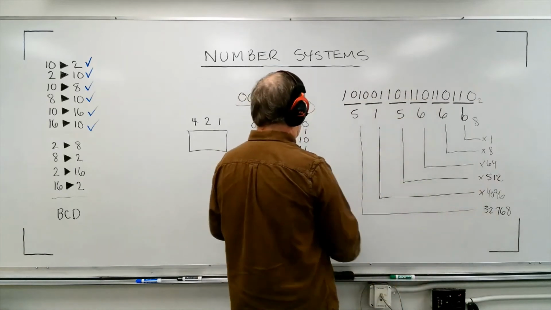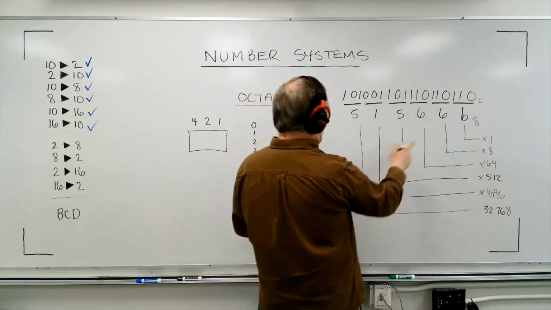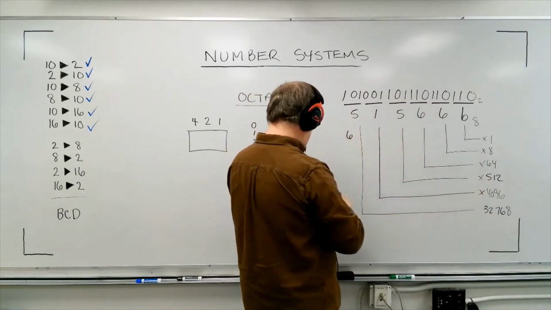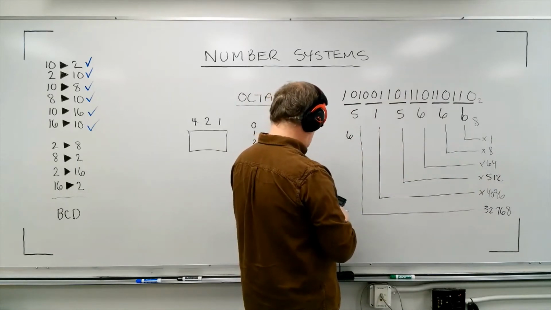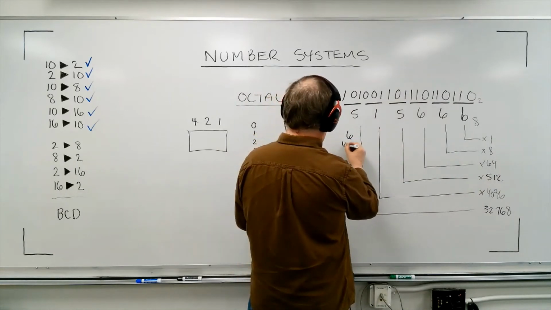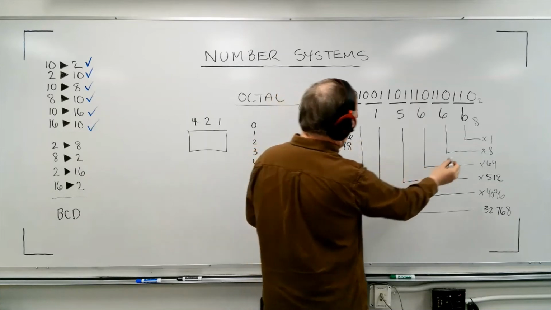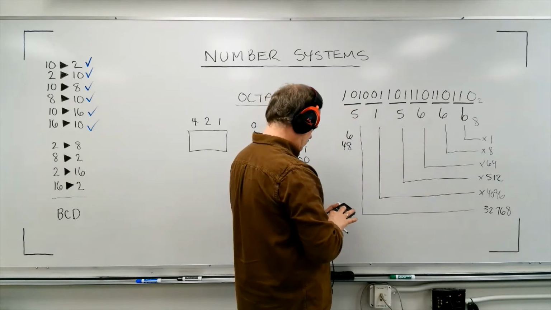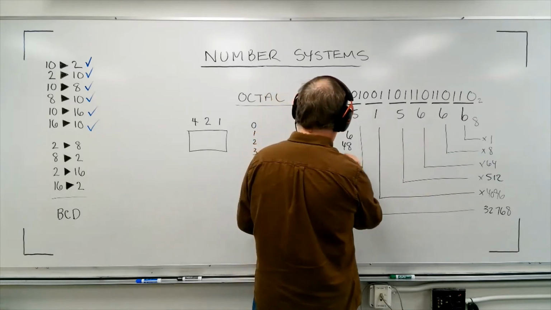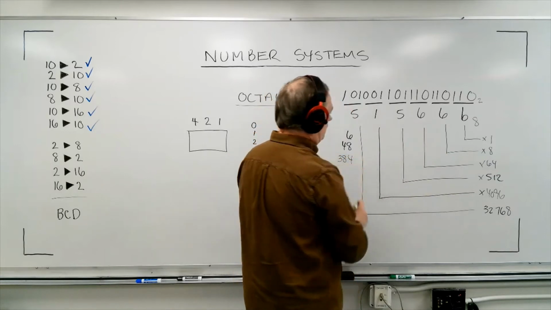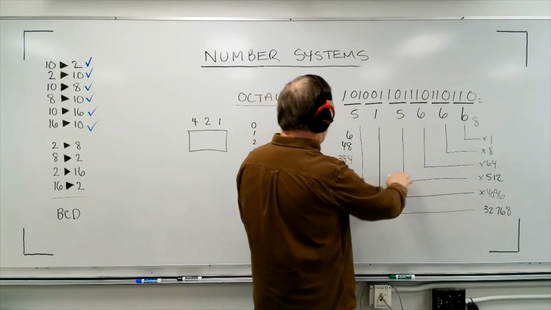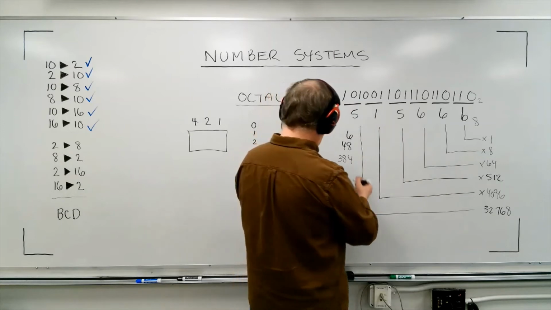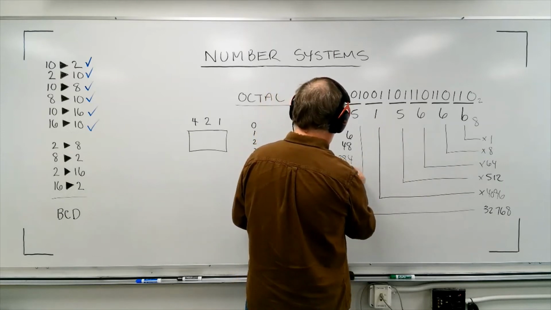So what I'm going to do is I'm going to write the numbers back over here. 1 times 6 is 6. 8 times 6 is 48. So I've now got 6 plus 48. 64 times 6 is 384. 512 times 5 equals 2,560.